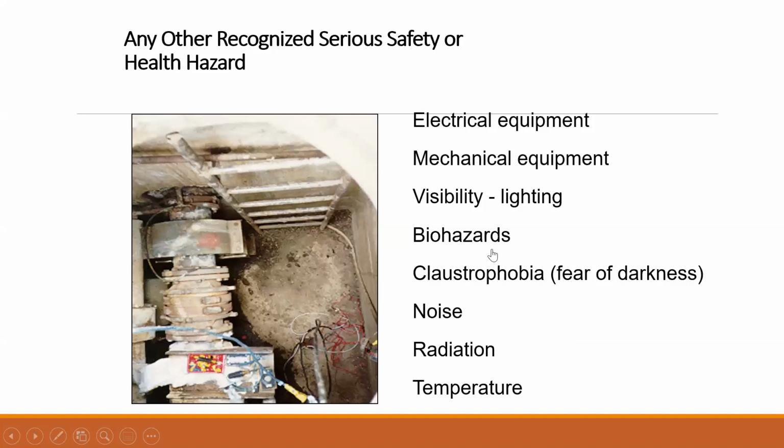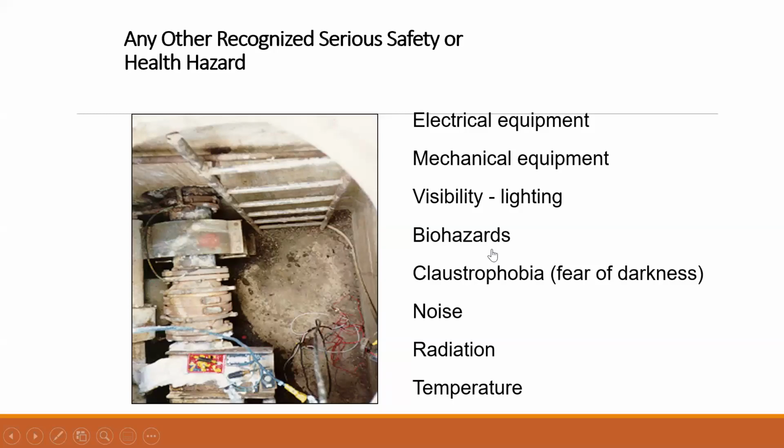Apart from the atmospheric hazard, there are many other hazards possible in a confined space. For example, electrical equipment, maybe a motor or a pump, or loose wires, loose sockets, naked energized wires, because in a confined space most of the time the contractor thinks nobody is going there, so many things are left as they are.